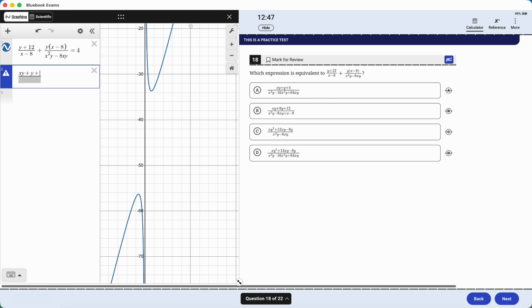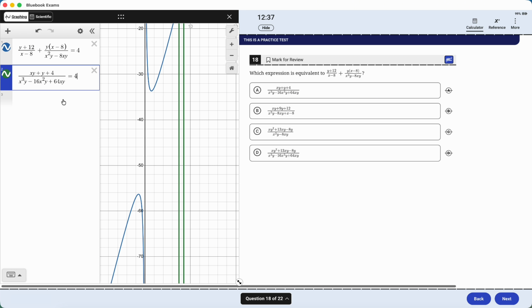That's probably a much faster way than attempting this with algebra. So plus 64xy, and then equals 4, you see, that's not the same thing at all, right? So that's just not it. And then what I would look at is whether any of them have the same denominator. You see this one has the same denominator, so I would try D next.